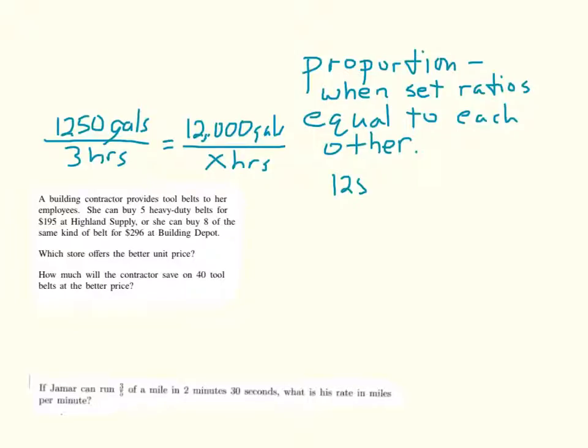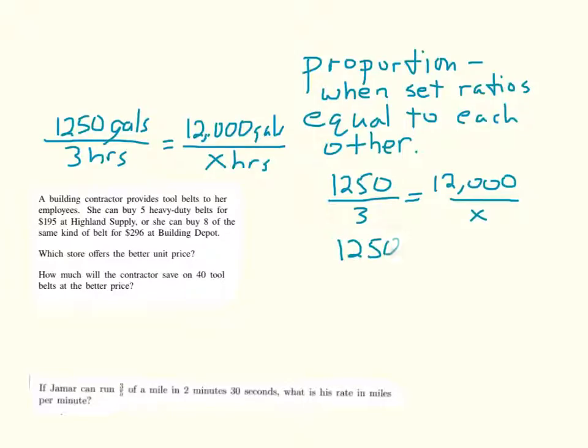So 1250 over 3 is 12,000 is to X. I don't see a clear multiplier there, so I'm going to cross multiply here to solve this.